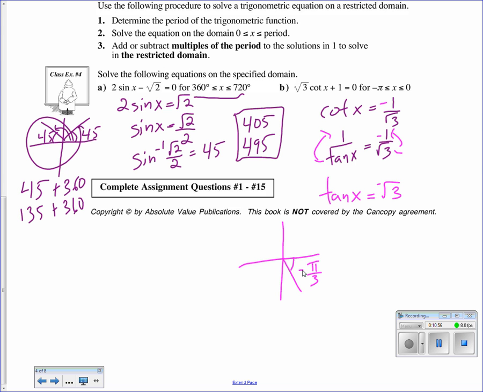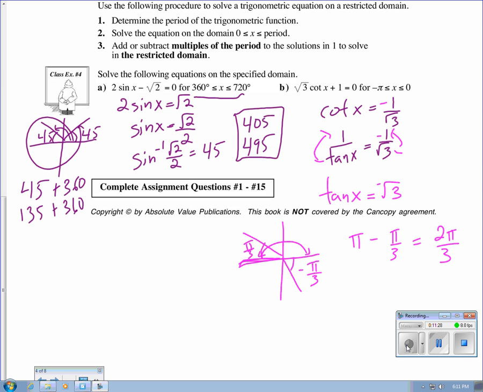So this is negative pi, and negative pi to 0 is up here in this quadrant. Where else is tan negative? Actually only over here. So that's pi over 3 in quadrant number 2. Take pi and subtract pi over 3. So that's 2 pi over 3 living in quadrant number 2.